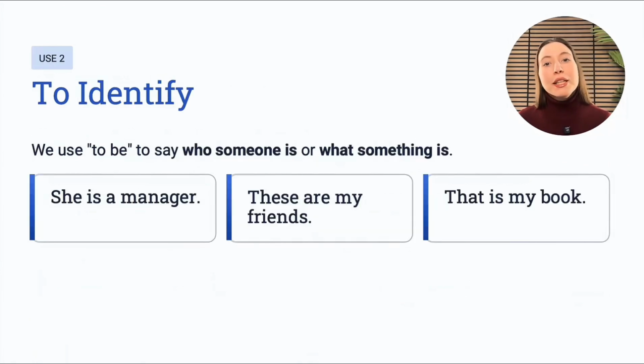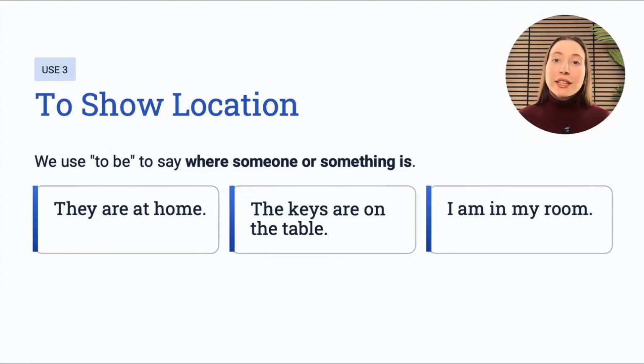We also use to be to identify a person or a thing. In other words, we use it to say who someone is or what someone is. For example, she is a manager, these are my friends, that is my book. And we also use to be to say where someone or something is. For example, they are at home, the keys are on the table, I am in my room.